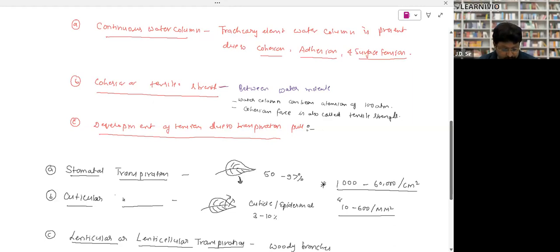The tension developed due to transpiration is called transpiration pull.